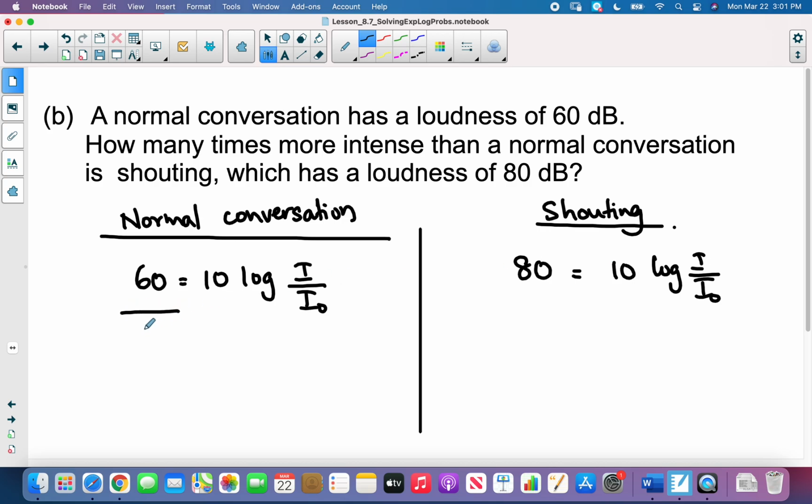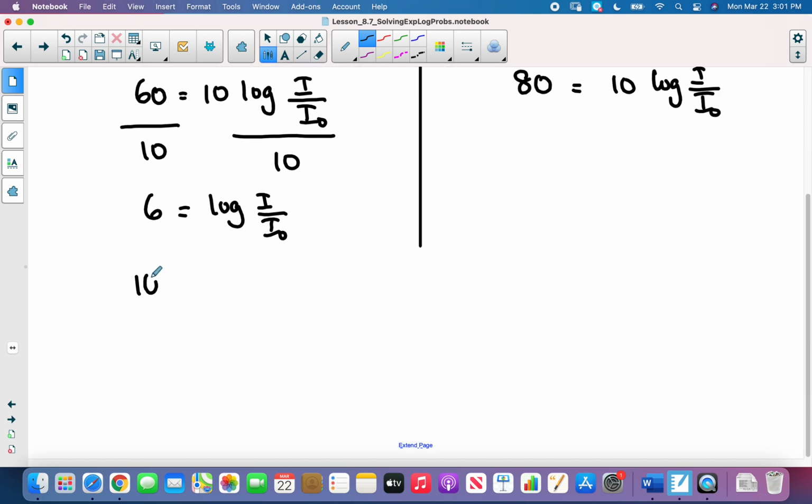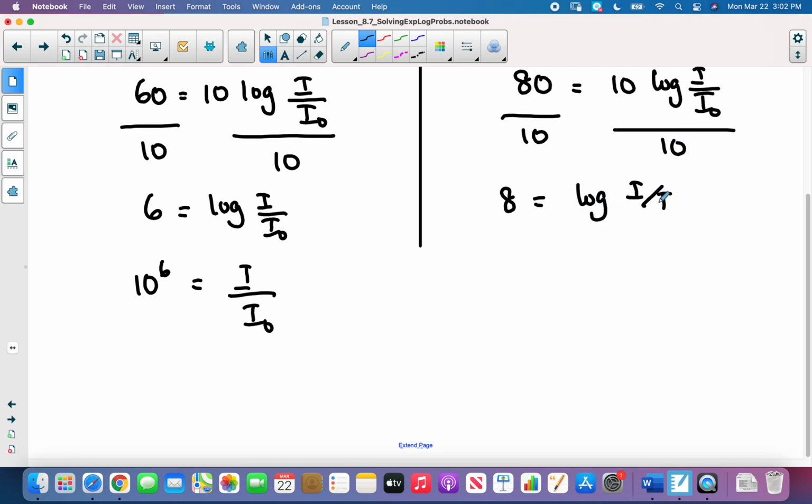Here you divide both sides by 10 and you get 6 is equal to log of I divided by I0. Just like we did in the previous question, 10 to the power of 6 equals I divided by I0. On the other side, dividing by 10, 8 equals log of I divided by I0, so 10 to the power of 8 is I divided by I0.